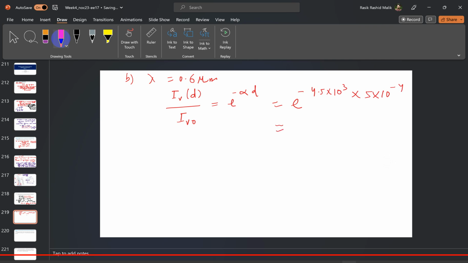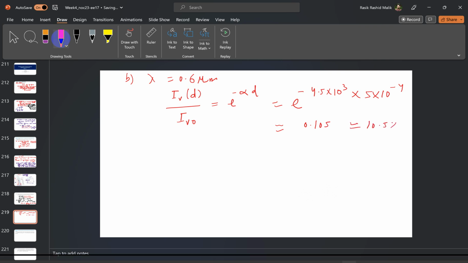So if we calculate it, it is coming out to be equal to 0.105. So that is equivalent to 10.5%.